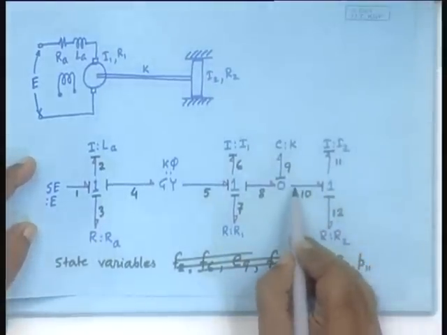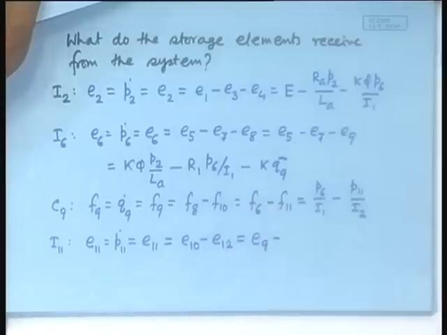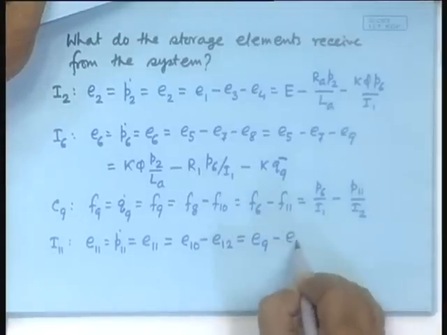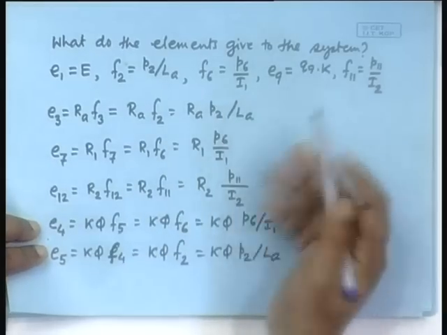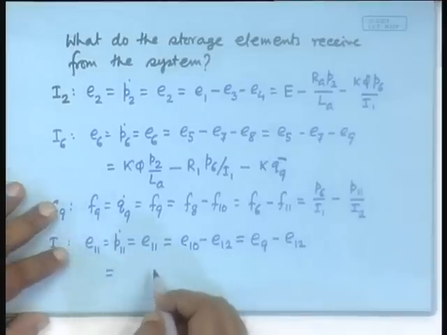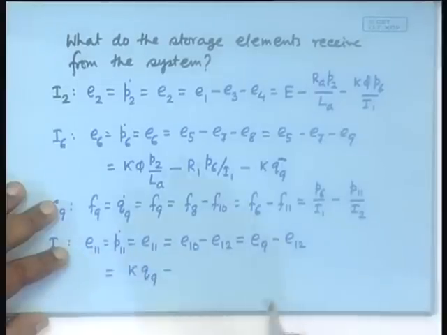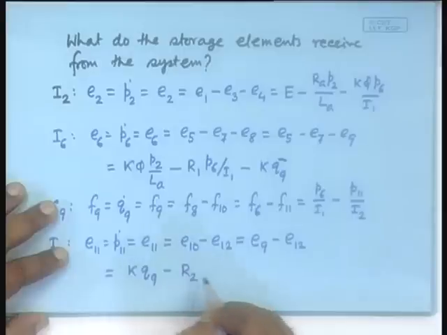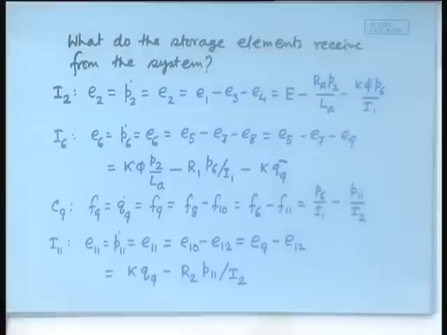E10 is coming from E9, so E9 minus E12 should be directly available. E12 is available and E9 is here, put it in. So, you have KQ9 minus R2 P11 by I2. So, these are the 4 equations done.